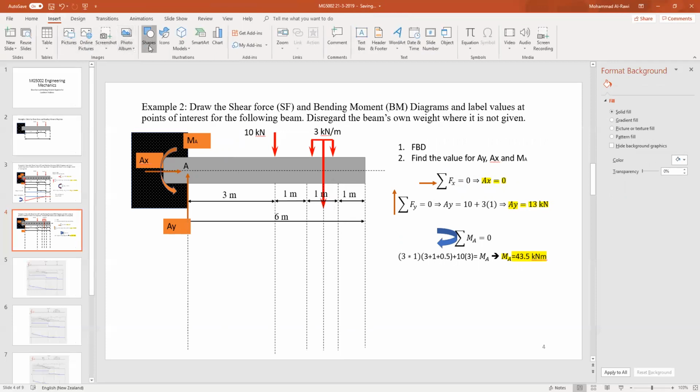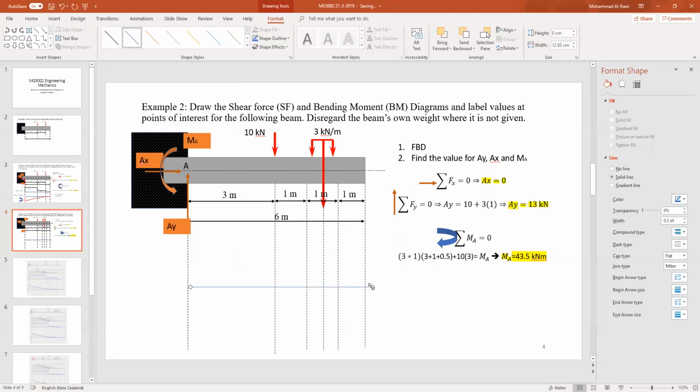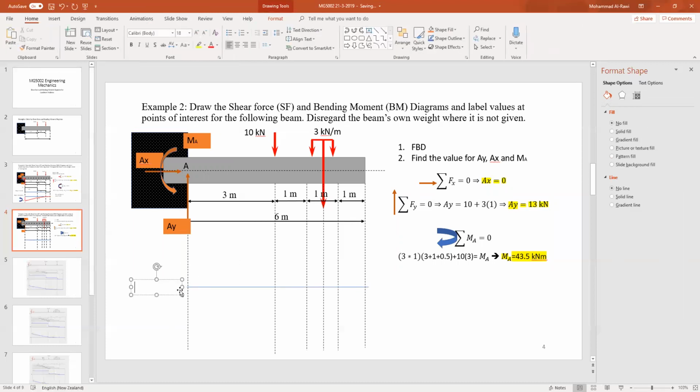Also, I need a reference line for the shear force. Don't forget to label the shear force. So step 3, shear force, unit is kilonewton.